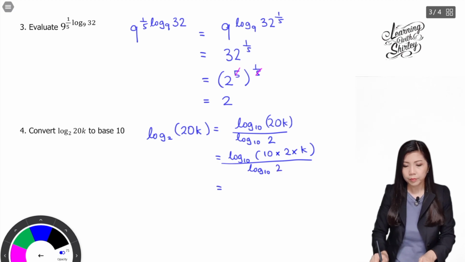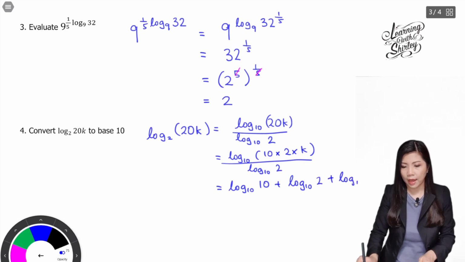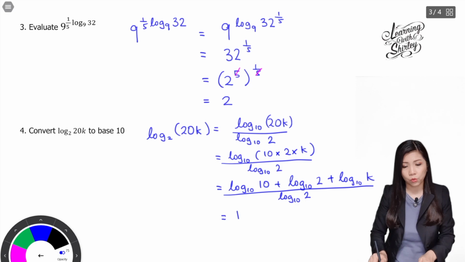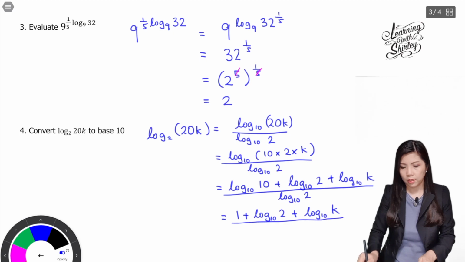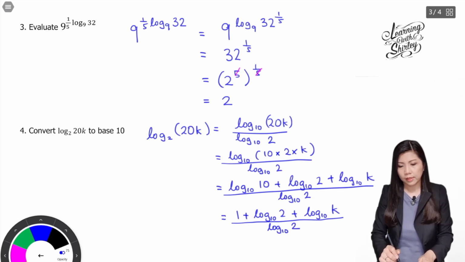So equals log 10 plus log 10 2 plus log 10 k over log 10 2. Log 10 is equal to 1. So 1 plus log 10 2 plus log 10 k over log base 10 of 2. And that's the final answer.